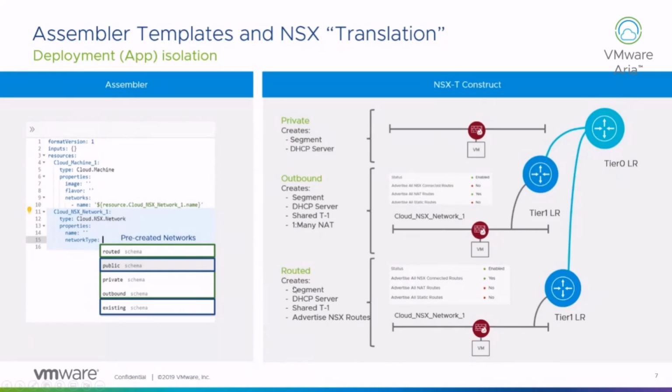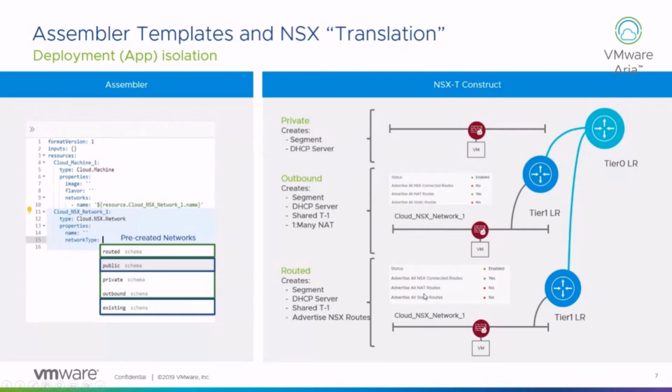And then the last one is routed. Again, we create a segment. We create a DHCP server if you want to use one. Obviously, you can use static IPs, if you will. And again, it's a tier 1, so there's a dedicated tier 1 for the routed network.